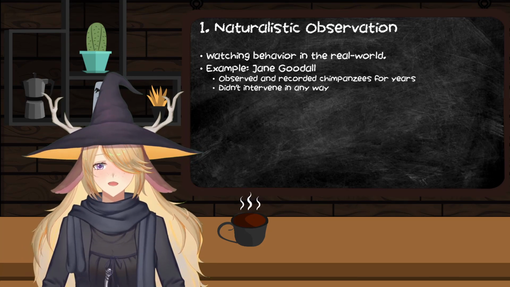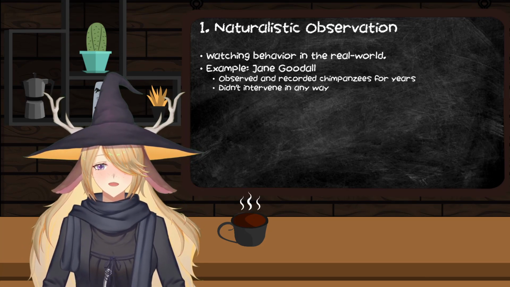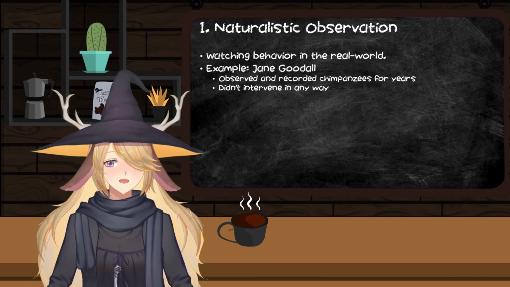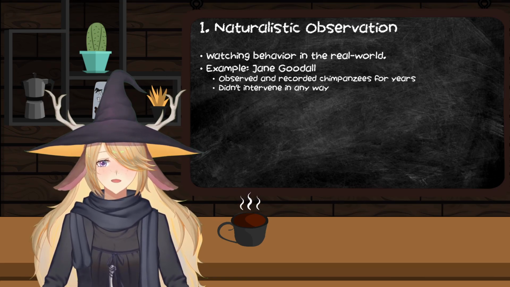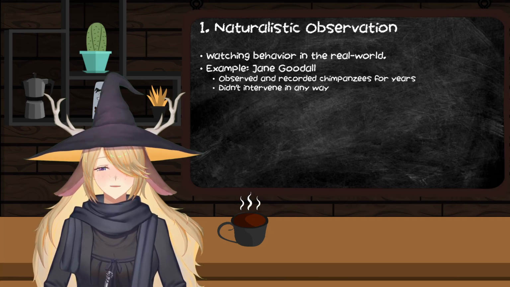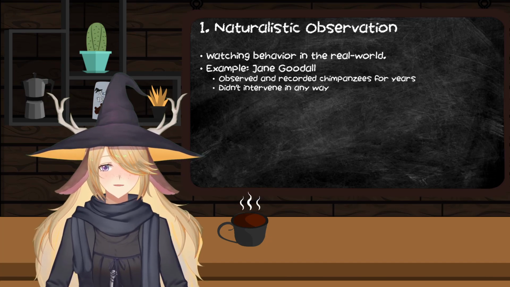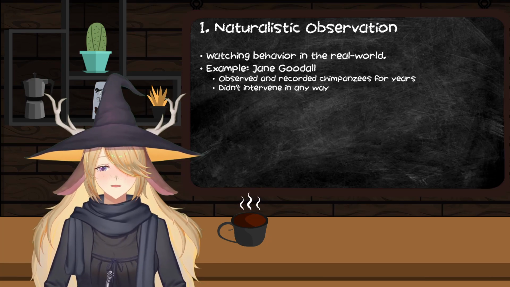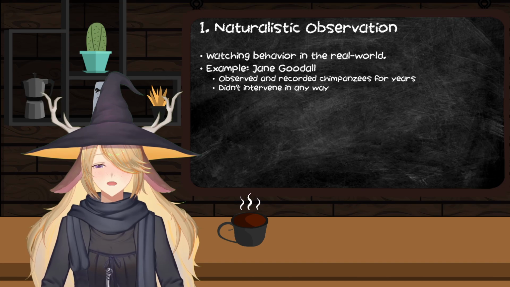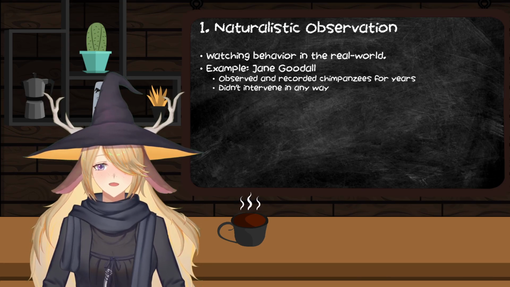So what is a naturalistic observation? This is sort of the least scientific approach to collecting data, because it's something that we do all the time. Basically, if you are ever watching other people in the real world, doing people watching, we would consider this a form of naturalistic observation.